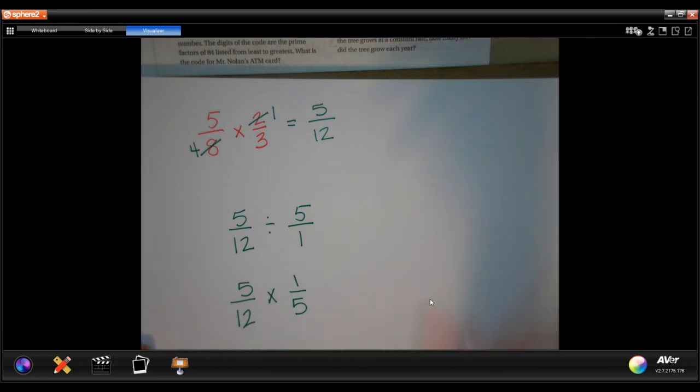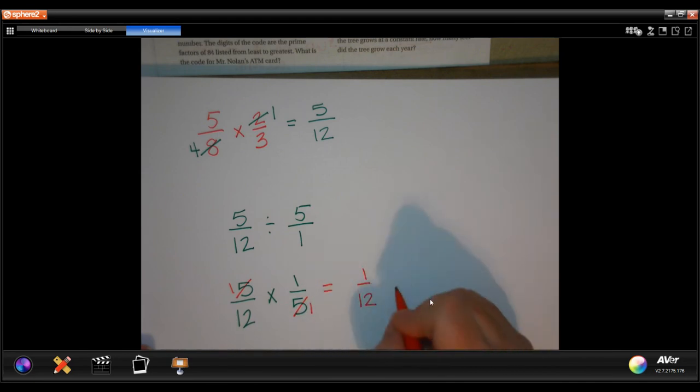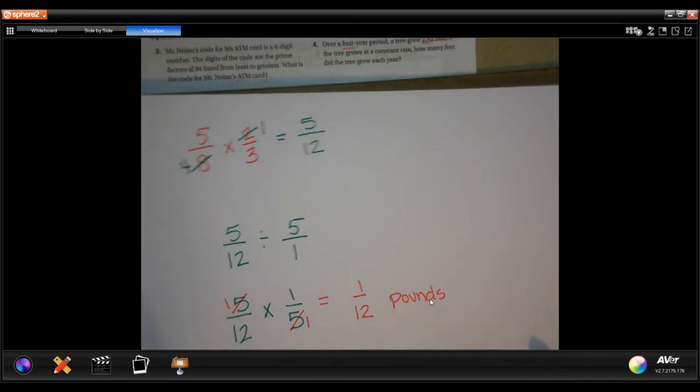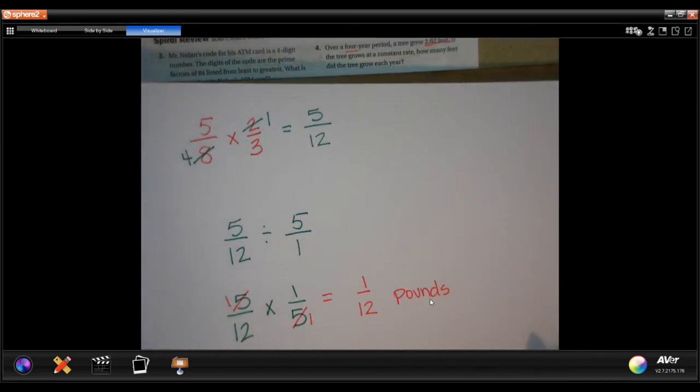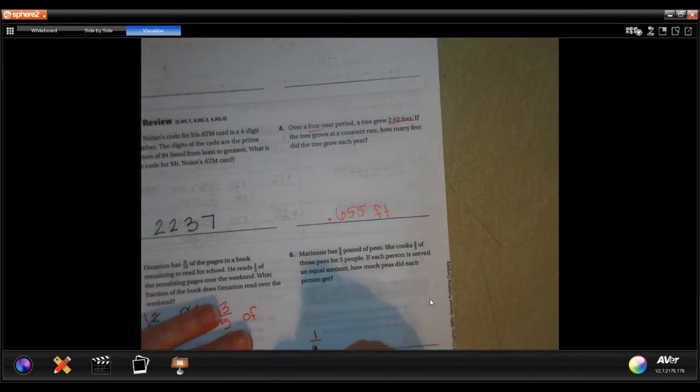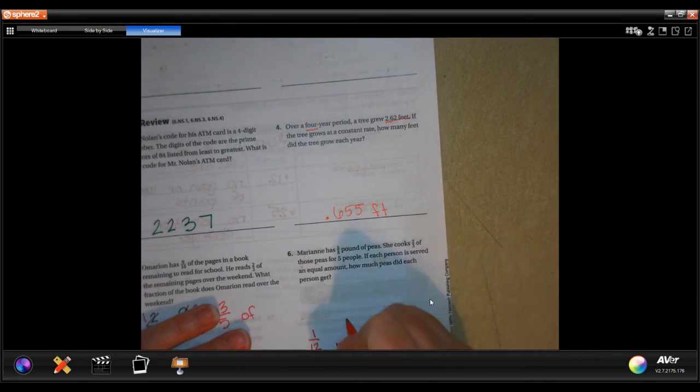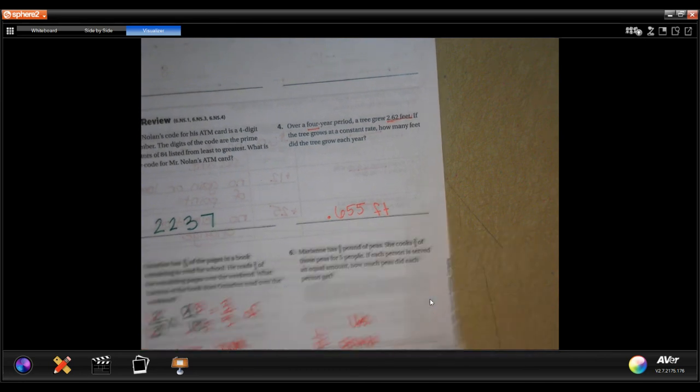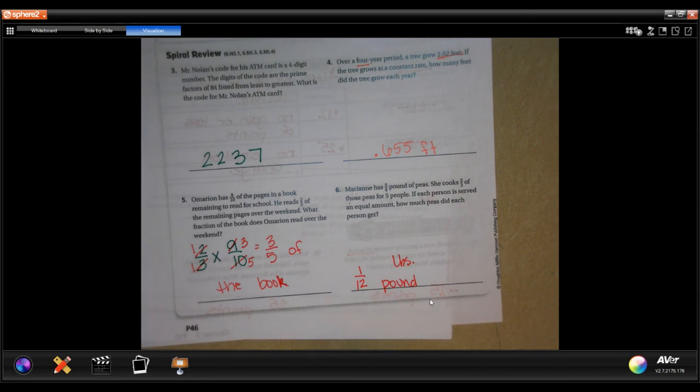Now we can cross cancel. 5 and 5 are the same number. We can cross them out and put 1, 1, 12, and it's being measured in pounds. Pause, write your work, do what you need to do. So 1/12 pound, or you can write LBS. That's pounds abbreviated. I don't know why. Something Latin, I'm sure.